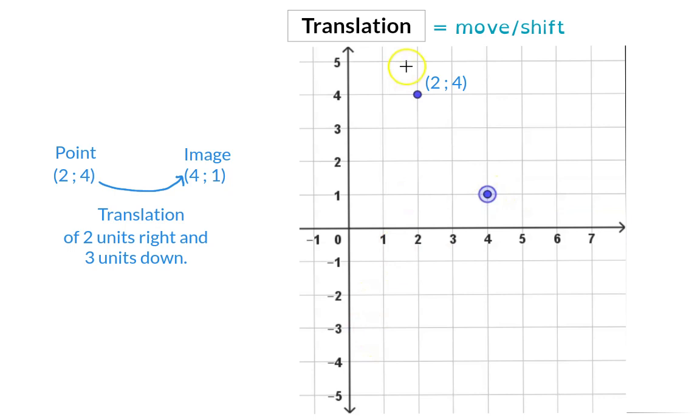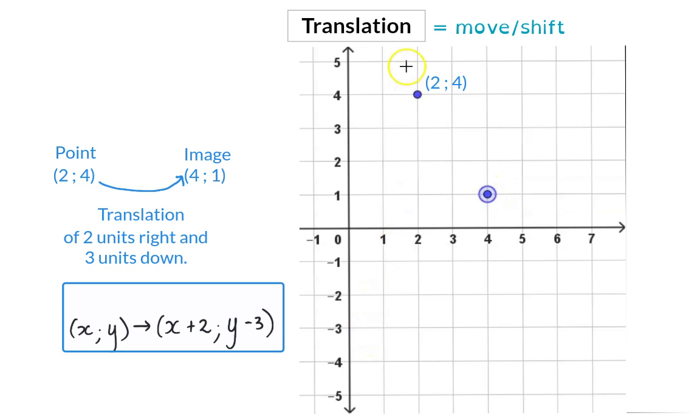This rule can be applied to any coordinate, and that is why we don't describe it in terms of a specific coordinate, but in terms of what happens with x and y. In this specific translation's case, we say that the point changes to the image by taking the x and adding 2, and for the y we subtract 3. And this will be the general rule for this translation.